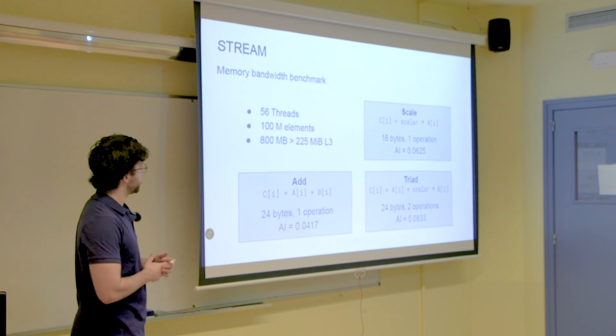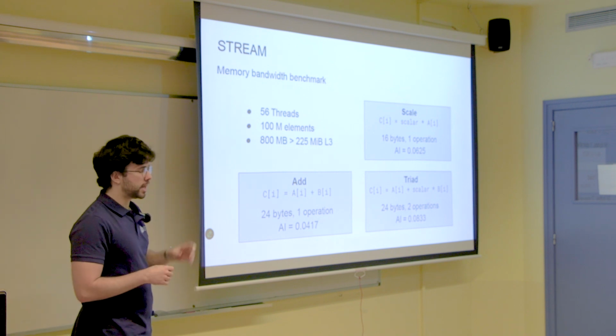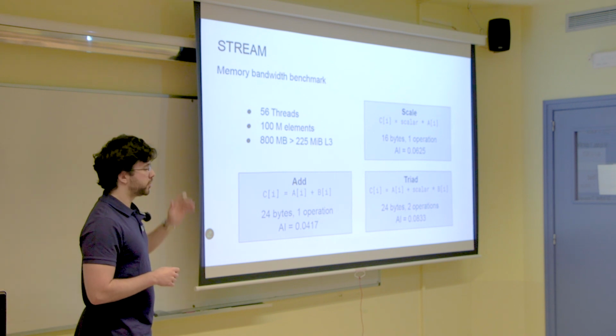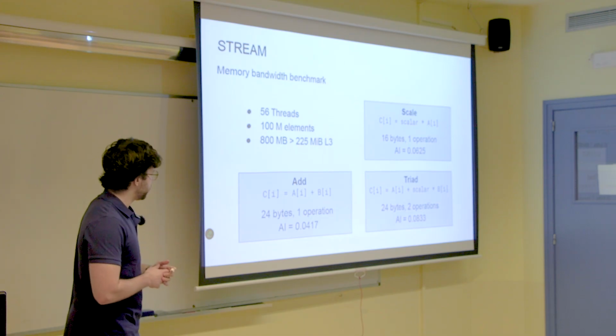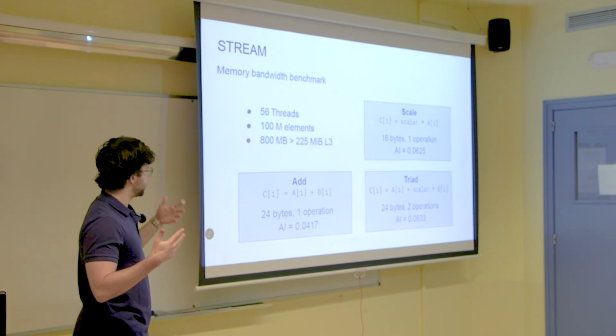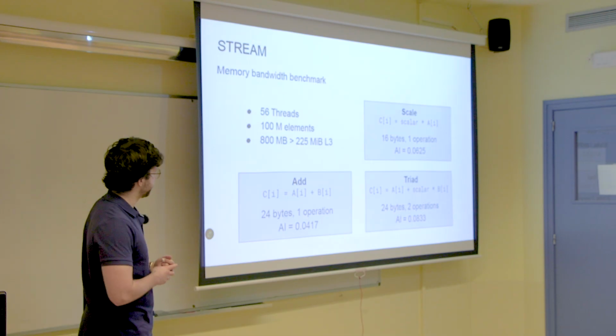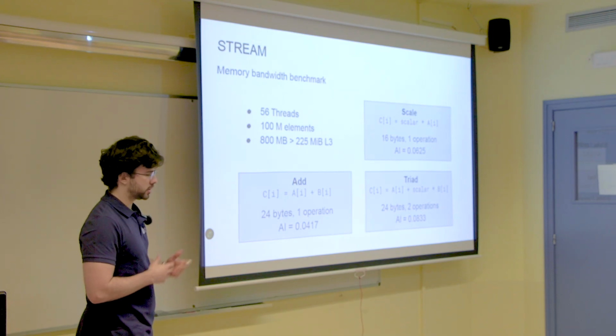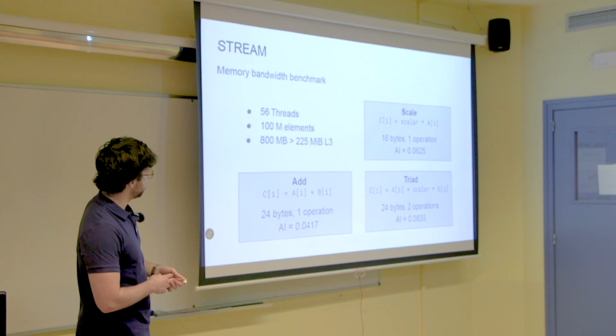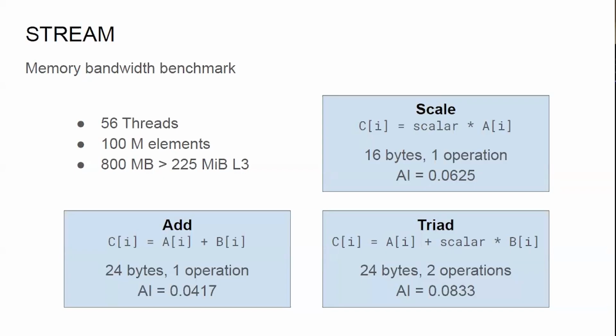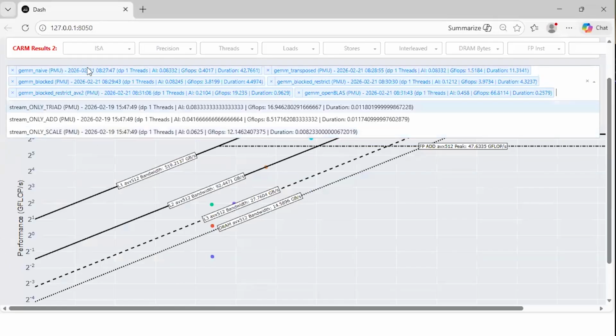And other than that, we're going to run this with 56 threads, and we're going to do 100 million elements per array, which is at least 800 megabytes, which is much bigger than our L3. So I would expect this to be possibly in the DRAM roof. Let's see if that is the case.